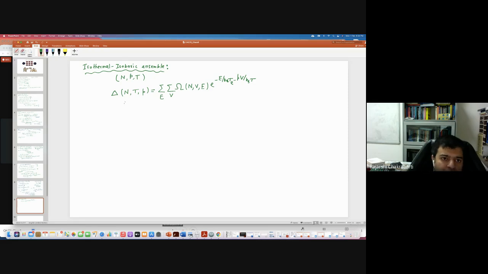This is called the isothermal-isobaric partition function.